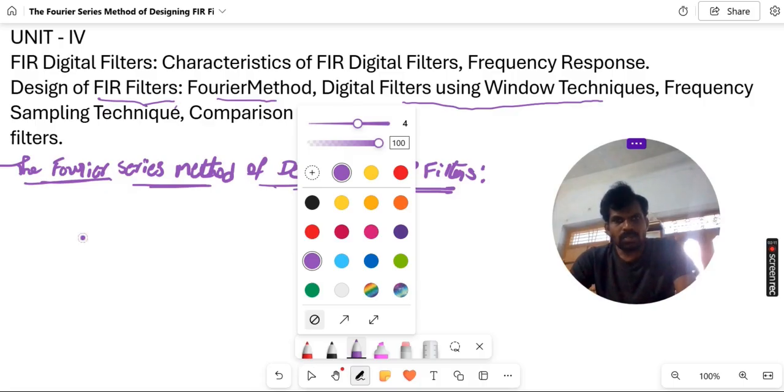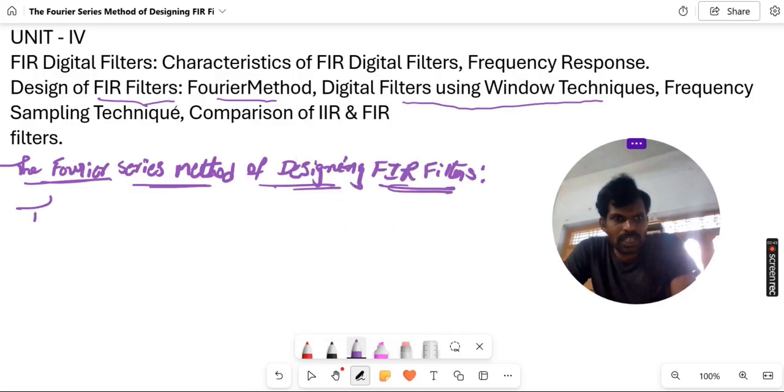Whatever the method it is, we are going to derive the expression for the frequency response. Here the filter frequency response is represented by H of e power j omega, because frequency response is related to the frequency domain, so in the frequency domain we take e power j omega.